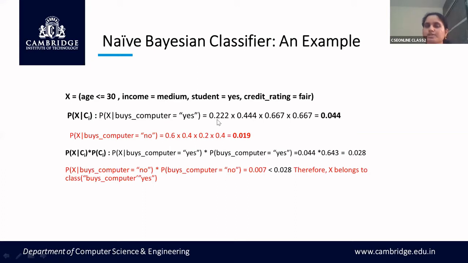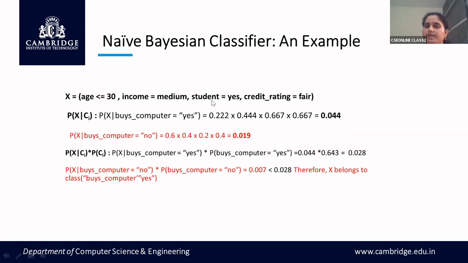So I'll directly substitute: the maximum likelihood of age less than or equal to 30 with buys computer equal to yes, the answer is 0.222. Similarly, the maximum likelihood of income equal to medium with respect to buys computer yes, the answer is 0.444.